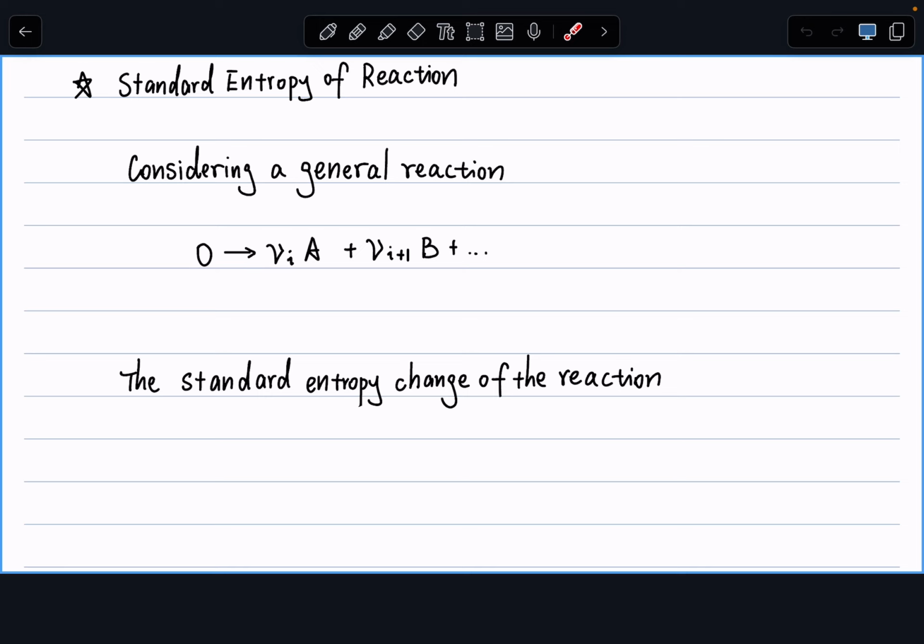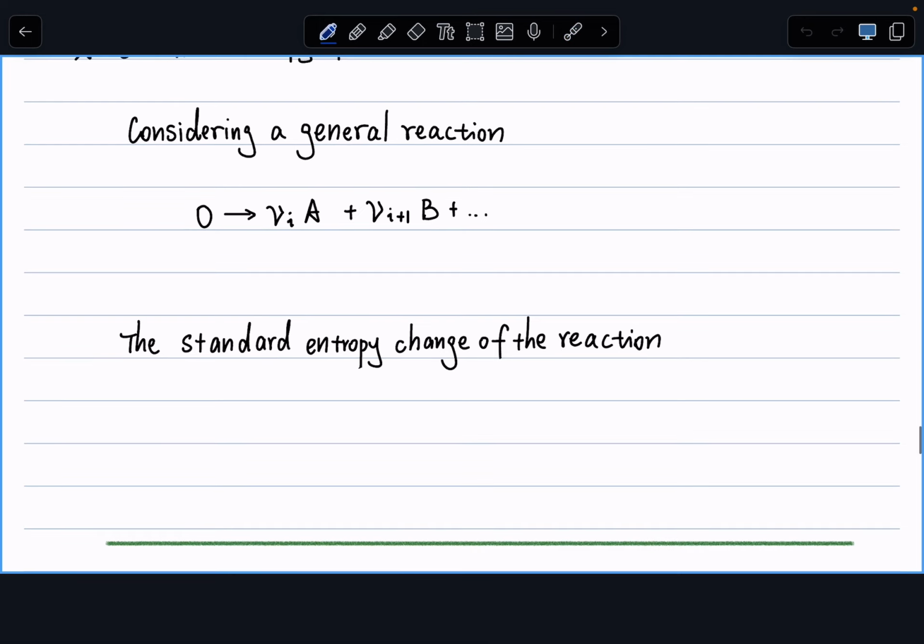And the standard entropy change of the reaction is pretty much like what we have for the standard heat of the reaction. So delta S of the reaction at a certain temperature at standard state. Here this little knot tells us our pressure is at standard state, P equals 1 bar. T means that this is a reaction at a specific temperature, right?